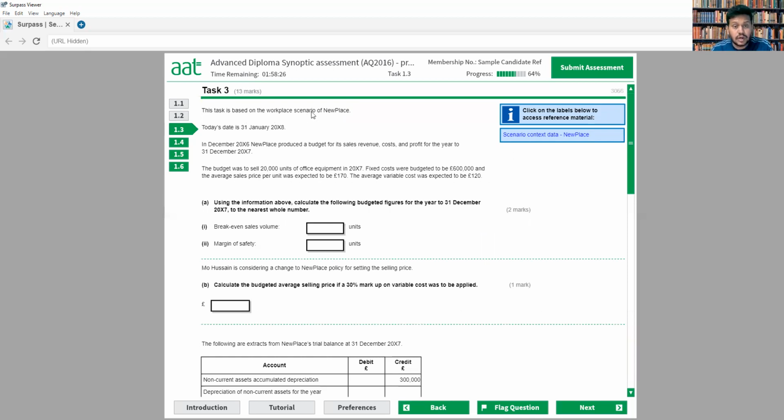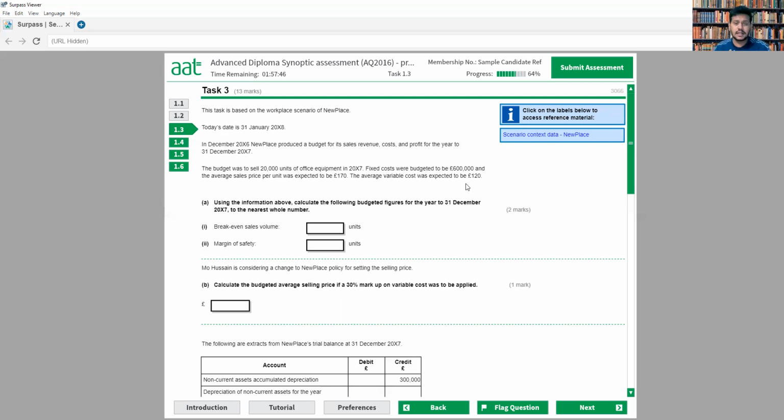This task is based on the workplace scenario at New Place. Today's date is 31st of January 2018. In December 2016, New Place produced a budget for the sales revenue, cost, and profit for the year ended 31st December 2017. So we are in 2018 now, so we're talking about last year. You prepare the budget in advance for the next year. The budget was to sell 20,000 units of office equipment in 2017, fixed cost 600,000, average selling price 170, and average variable cost 120.